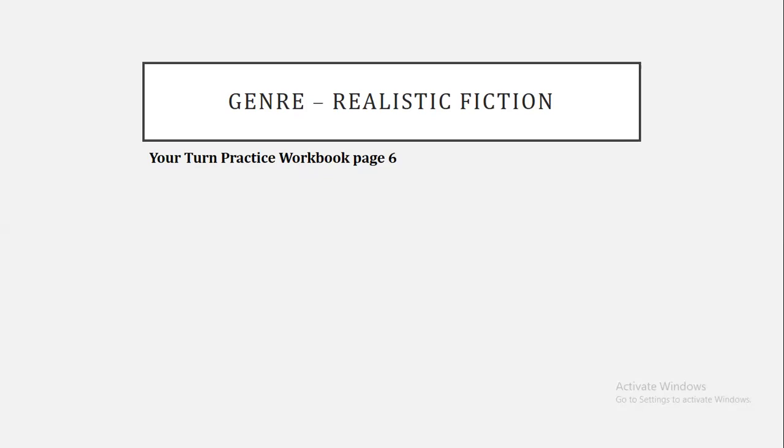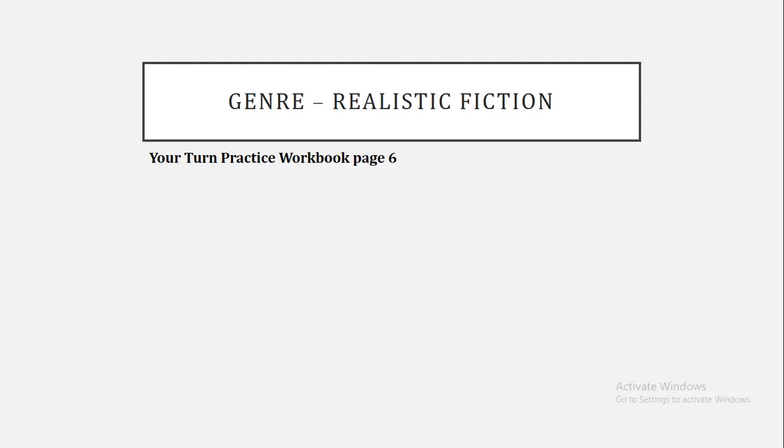All right, so that's it, guys. How do we know that this text is realistic fiction? Yes, Yassine? How do we know that a selection like this is realistic fiction? Because it didn't happen in real life.